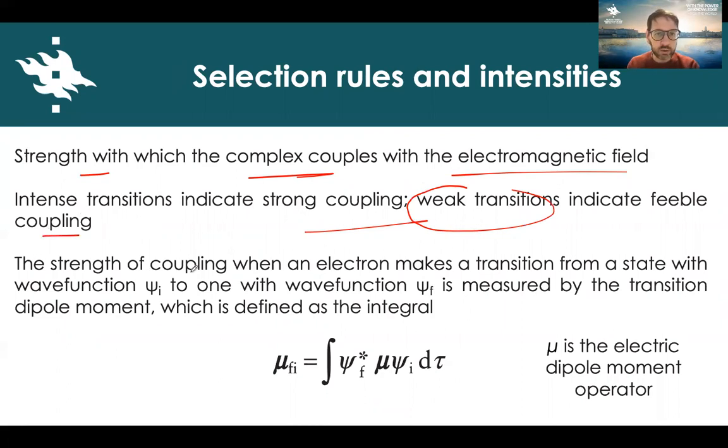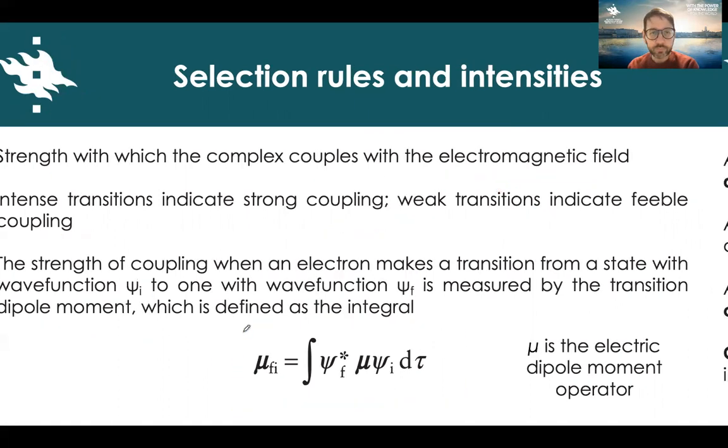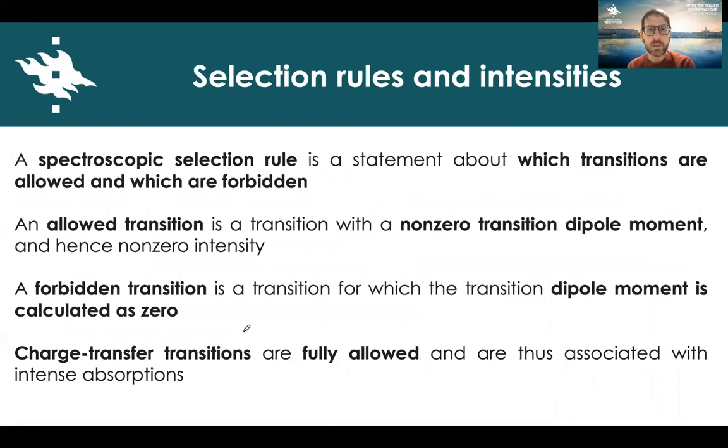The strength of coupling when an electron makes a transition from a state with an initial wave function to a final wave function is measured by the transition dipole moment, defined by this integral. And this will dictate the intensity of the signal that is detected.